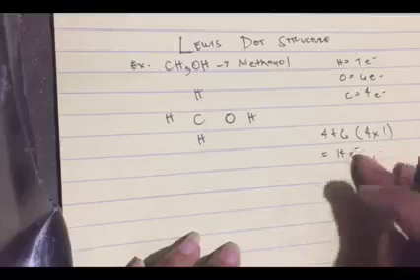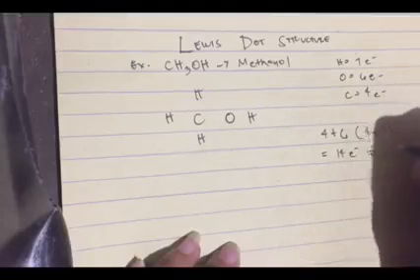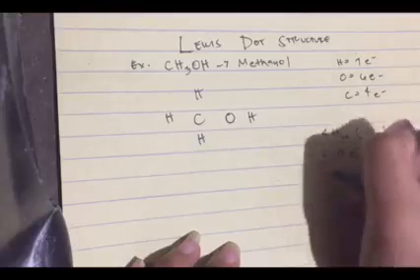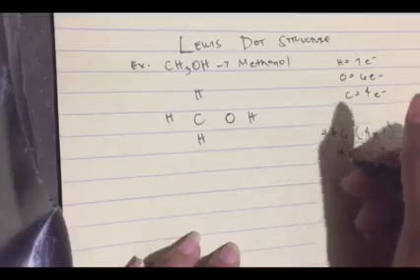And 14 valence electrons divided by 2, you'll get 7 electron pairs.